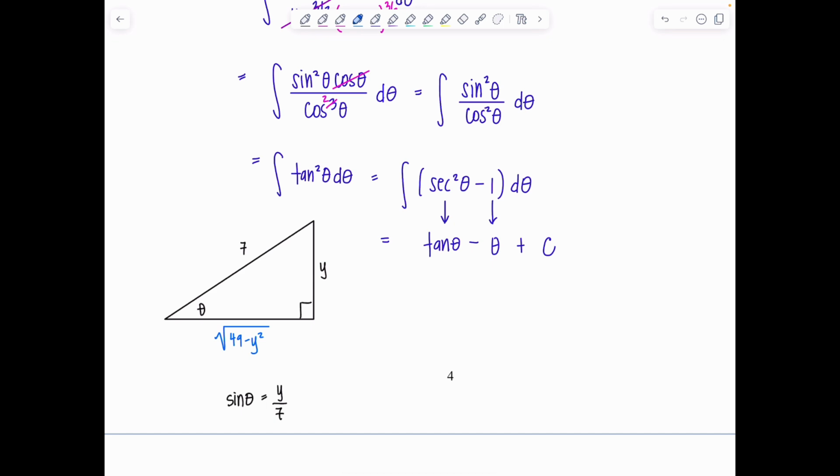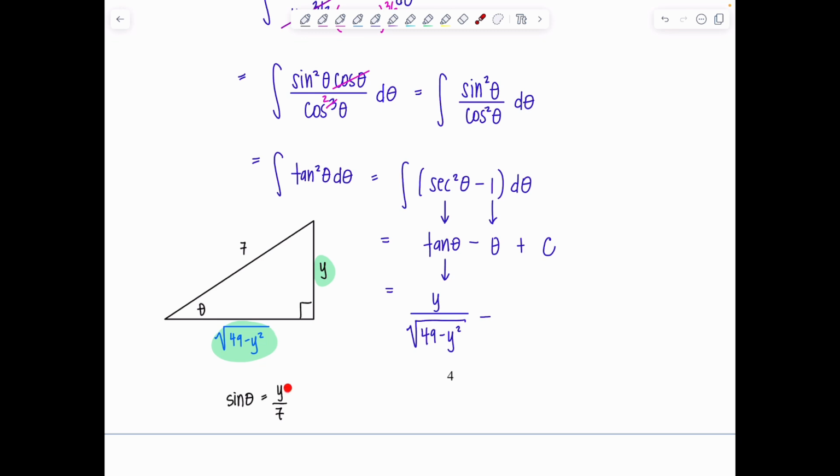So now using my triangle, I can figure out what tangent of theta is going to be. Tangent of theta is the ratio of opposite over adjacent side. So that would be y over radical 49 minus y squared, minus, and then when you have just plain old theta, you have some options for which inverse trig function you would like to use to express it.